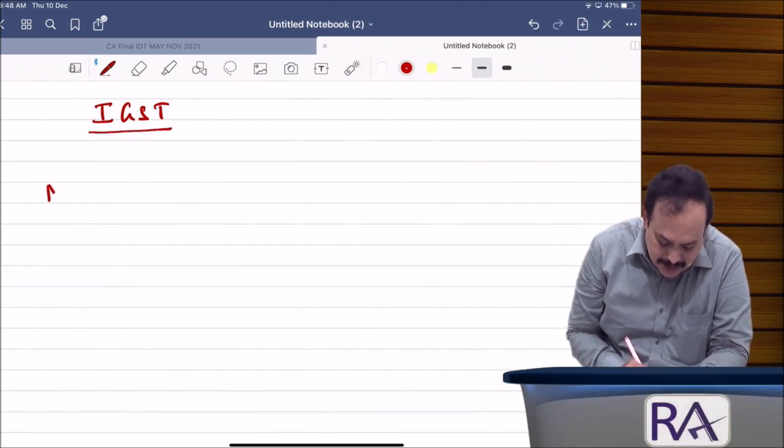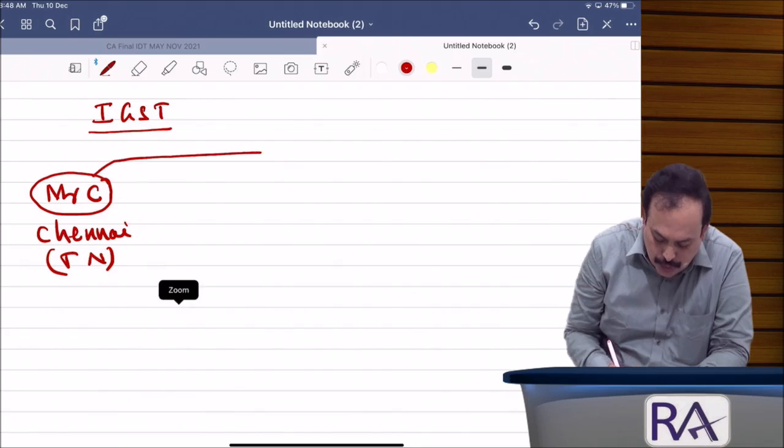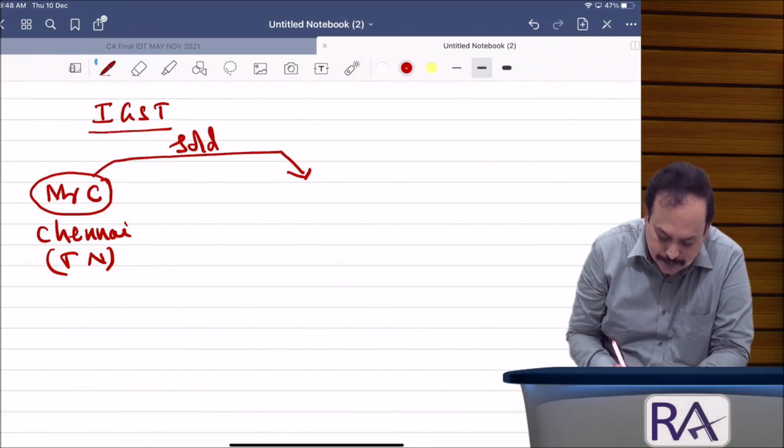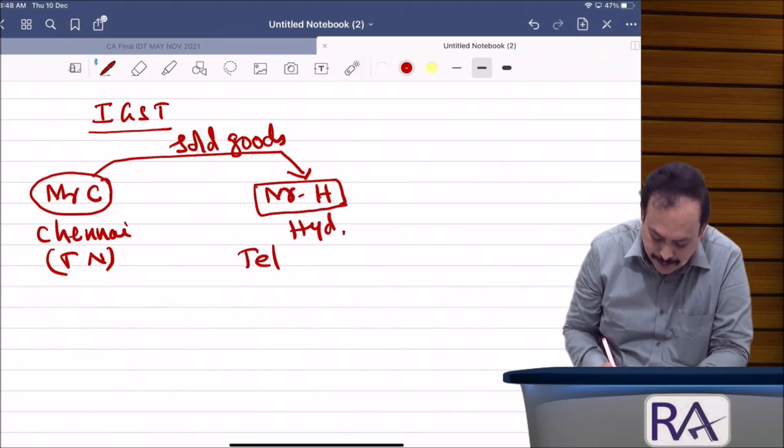Let us say Mr. C of Chennai from Tamil Nadu sold the goods to, let us say, Mr. H of Hyderabad, means Telangana.